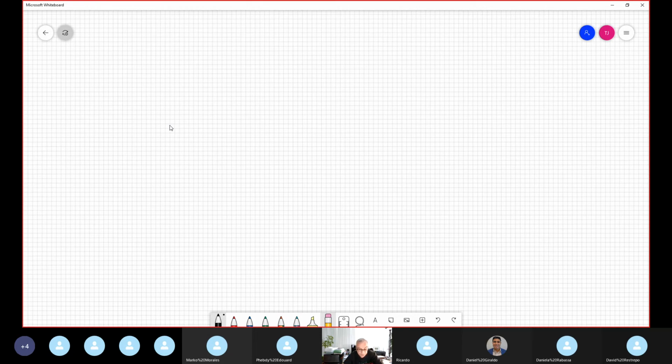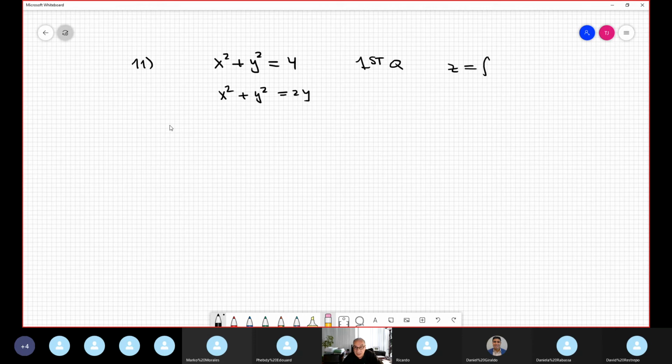Okay, so this is my curve. This is the double integral plot. x squared plus y squared equal 4, and x squared plus y squared equal 2y, and the first quadrant, a 2D problem. And the function is a hypothetical function, like that. So my first goal is to try to understand the region.